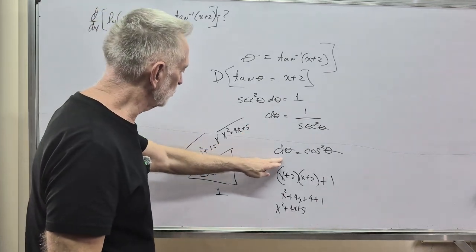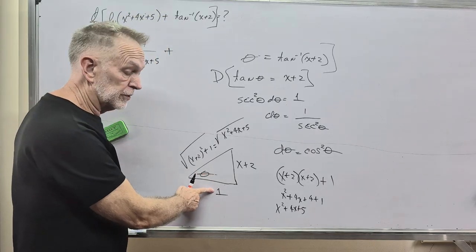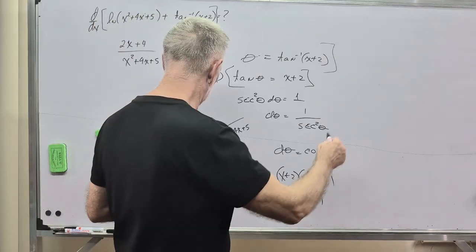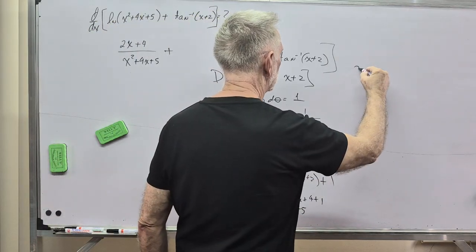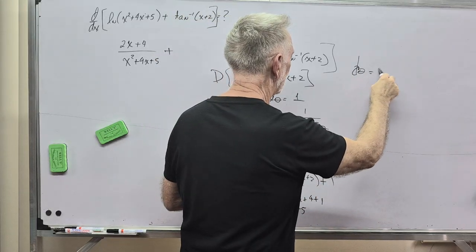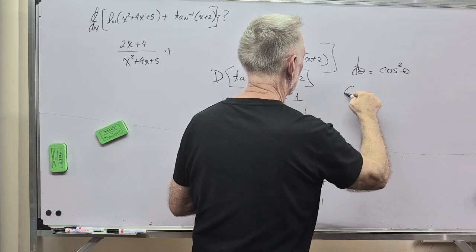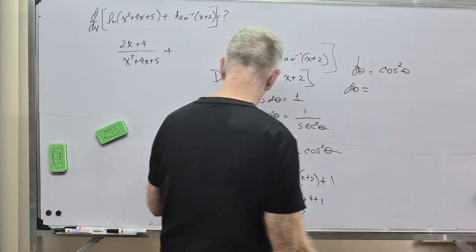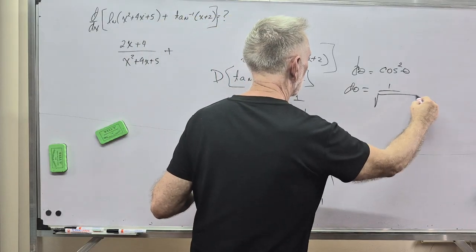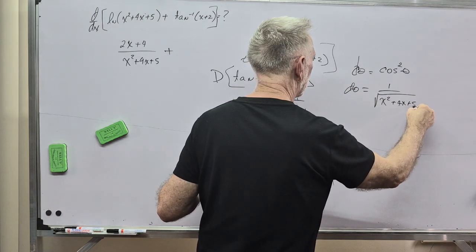So if I have cosine squared, cosine of theta is the adjacent over hypotenuse. So I have 1, so cosine, let's see, d theta equals cosine squared theta. And we said cosine was 1 over the square root of x squared plus 4x plus 5.